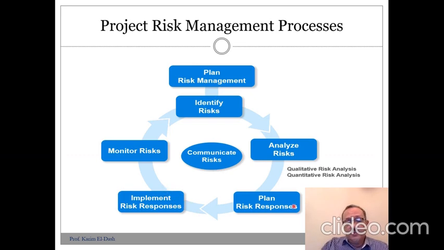If those planned responses are getting the required results, that's okay. Sometimes those responses do not have the required effect on the project objectives, so we have to find new responses for the risk. Actually, we have kind of residual risks that we have to consider and we have to control as well.